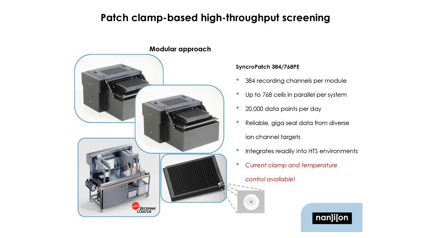So this experiment actually was done on a SyncroPatch system, which was equipped with temperature control. So the recordings were really done at 35 degrees. And just very briefly here, as an introduction of the system: the SyncroPatch comes with either 1 or 2 modules, which are integrated in a Beckman robot.